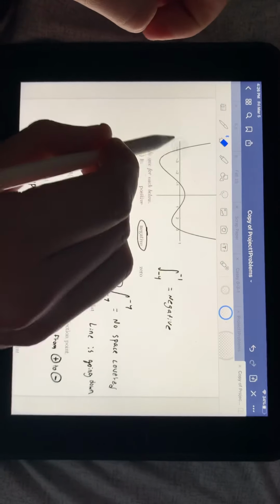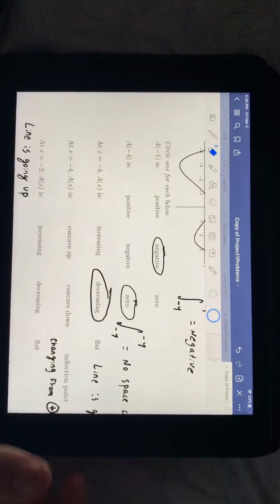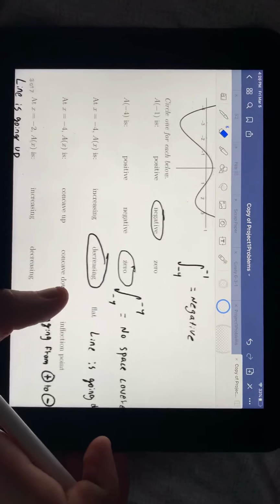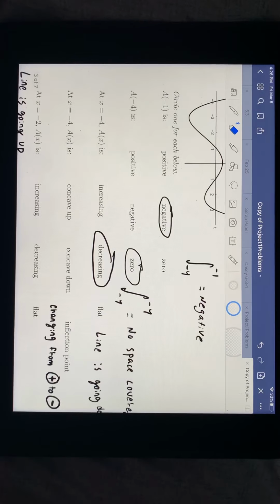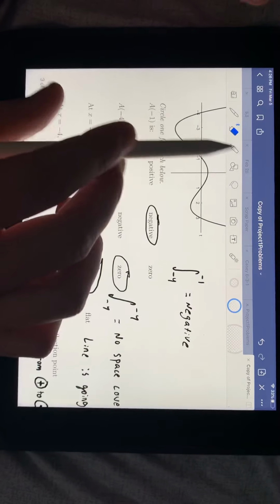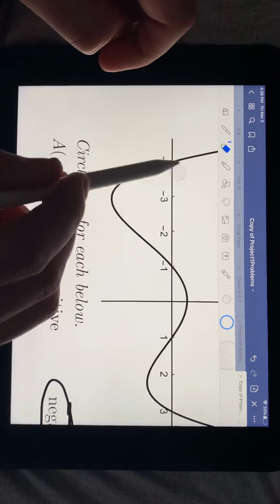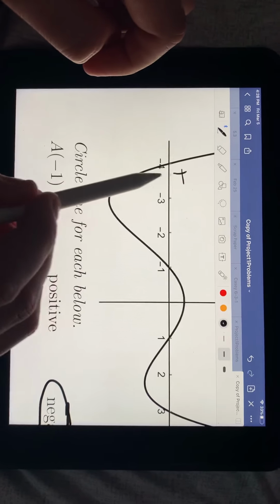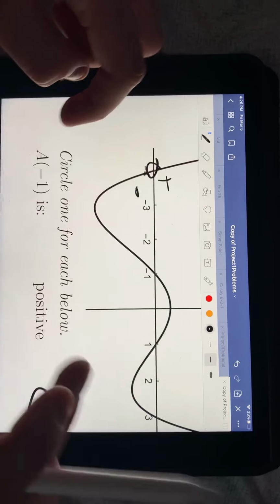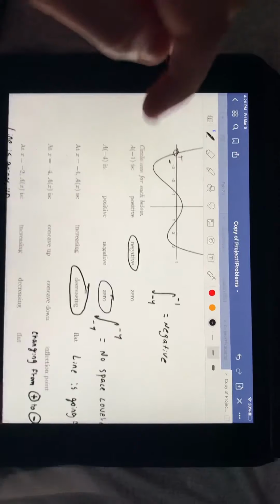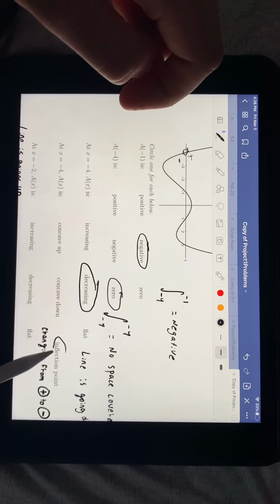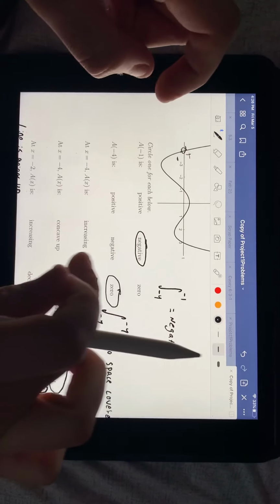And at x equals -4, x is inflection point 2 because it changes from positive to negative, right here. So inflection point.